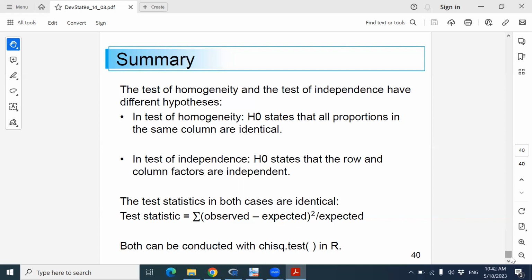The next factor we can consider is male versus female. And the third factor that we could consider is a different year, like year 2019, year 2020, year 2021, 2022, and so on. That's the third factor. So when you have three factors, you have a three-way contingency table.